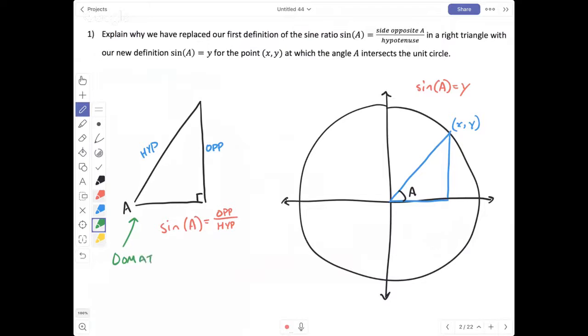Domain limited to 0 < A < 90, or 0 < A < pi/2. Here, the domain is A such that A equals all reals.